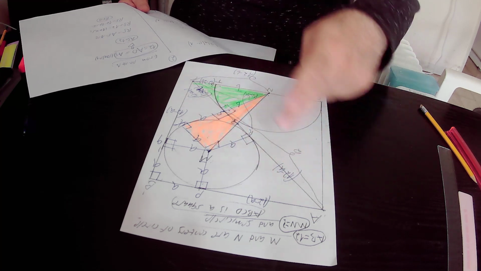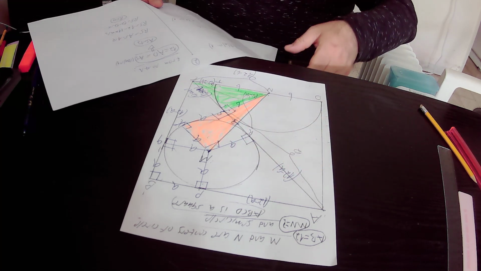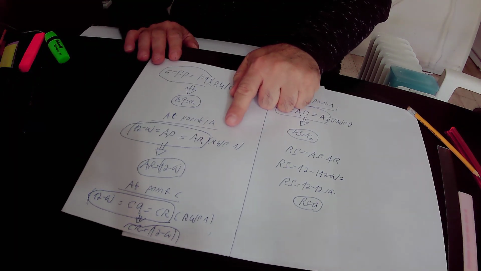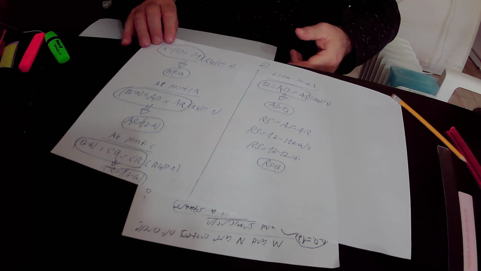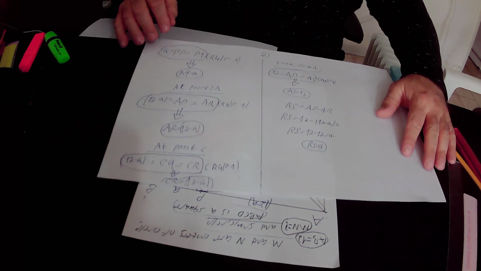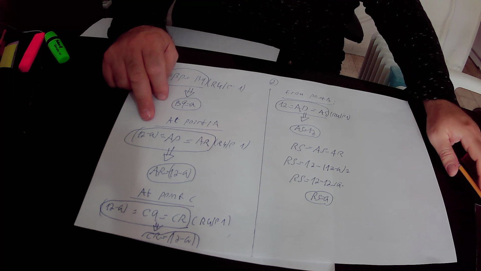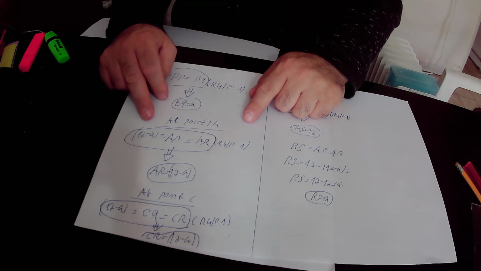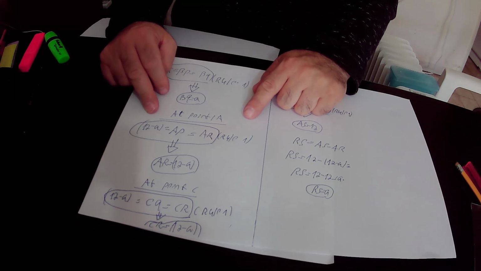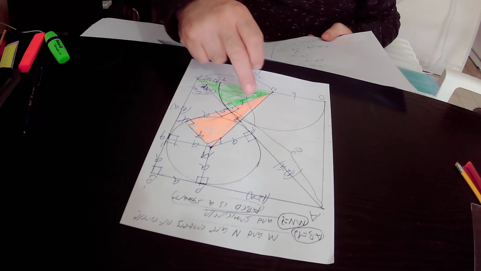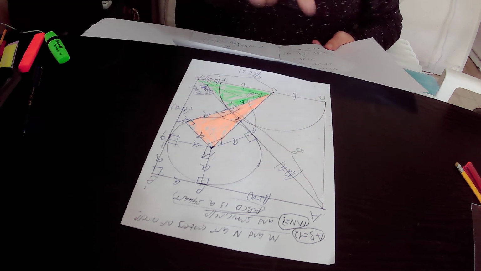That is to say, AP equals AR. But we have already found out that AP equals 12 minus A. So from this equation, 12 minus A equals AP equals AR, we will derive that AR is also equal to 12 minus A. So we can write here that AR is also equal to 12 minus A.